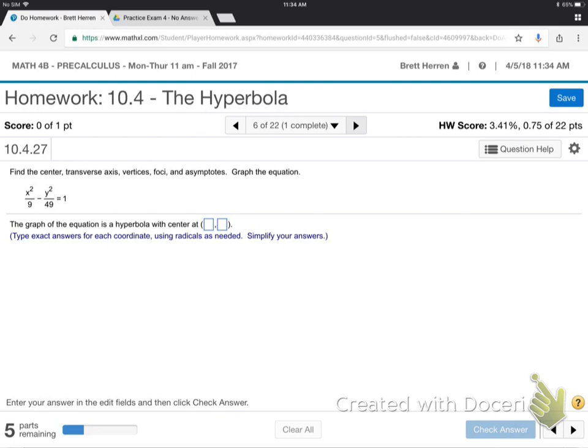You get the vertices and the foci points. I think this is square root 32? No, just 32.